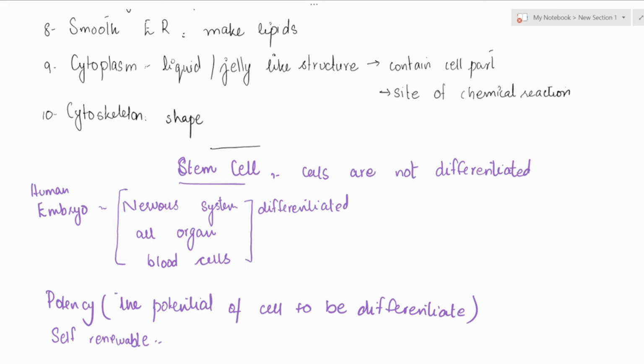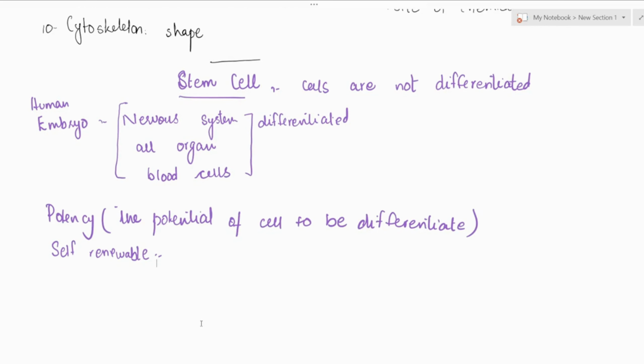Let's talk about the types of stem cells on the basis of potency. There are many types. The number one type is known as totipotent. The name may sound funny, but it's a scientific word. Totipotent means these are cells that give rise to all types of cells.